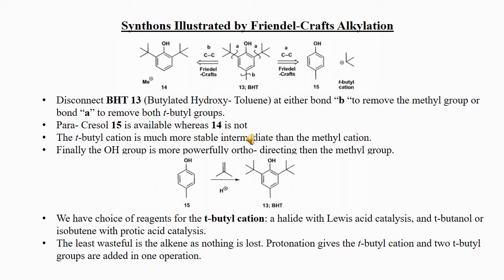The tertiary butyl cation is very much more stable than the methyl cation. One more important thing is that the hydroxyl group is more powerfully ortho-para directing than the methyl. If we see the sequence of strength of ortho-para directing activating groups, hydroxyl is a stronger activating group as compared to methyl.